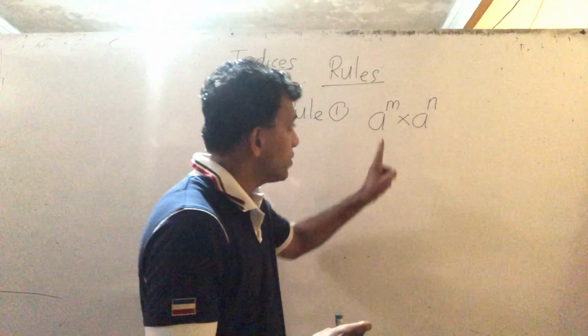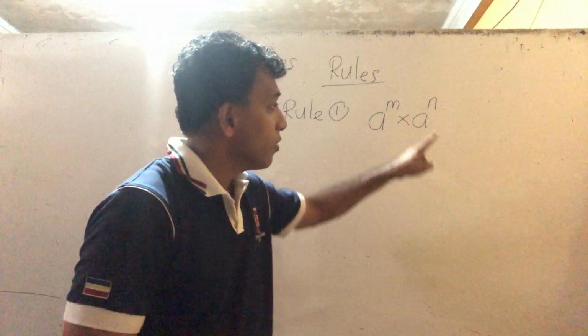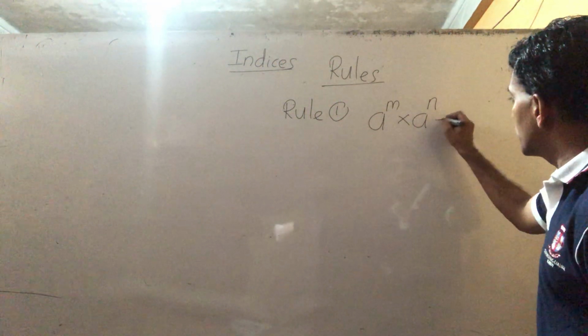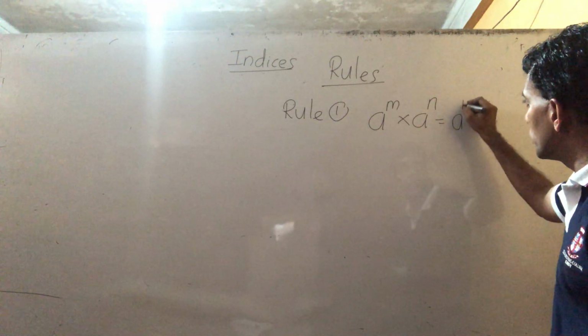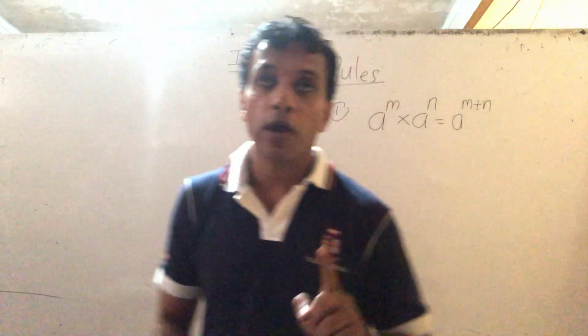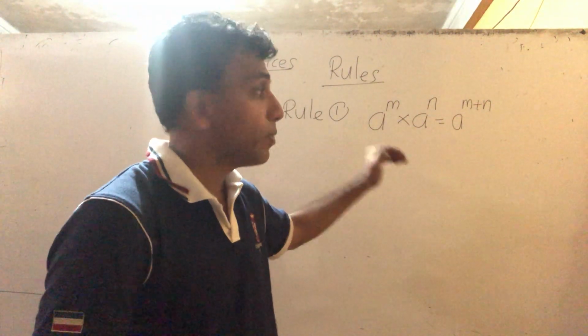That means if the bases are same, when you multiply, add the powers, so the answer is a to the power m plus n. This is rule number 1 of indices, right? Bases are same, when multiplying, add the powers.